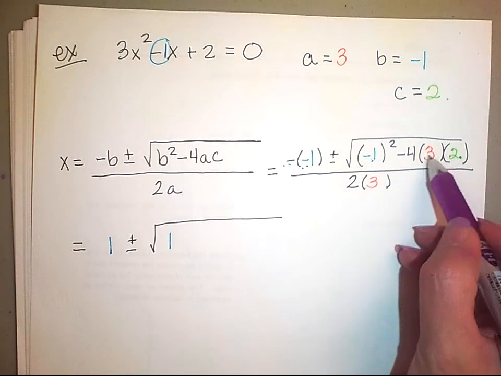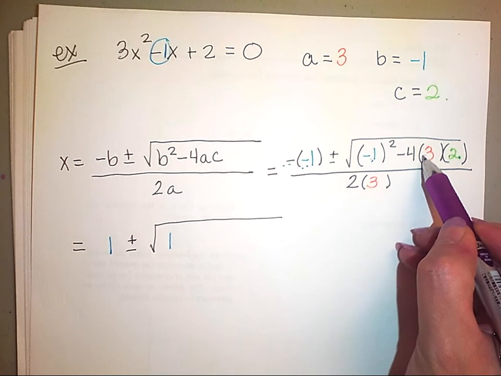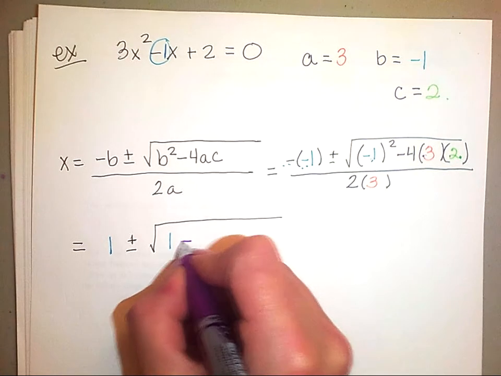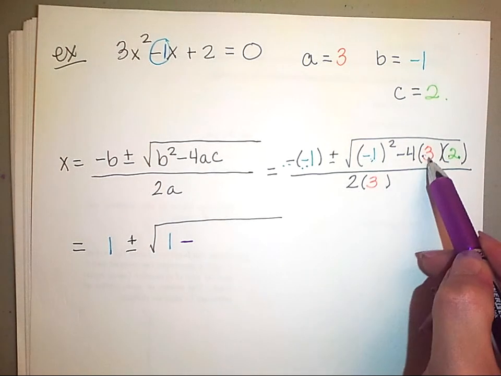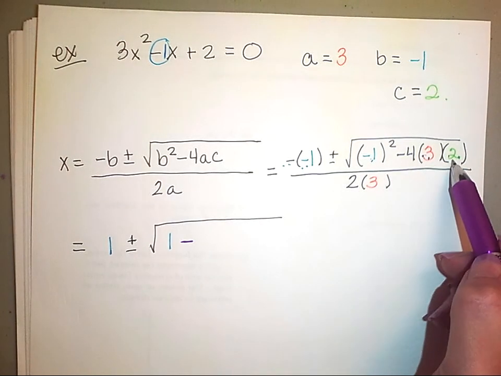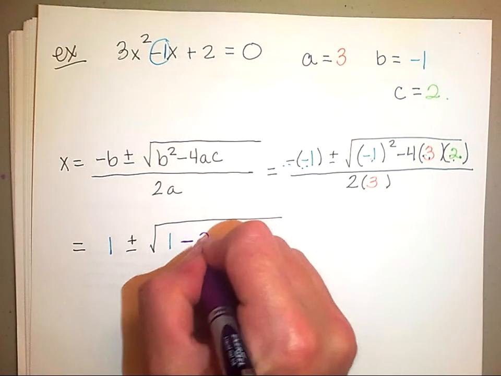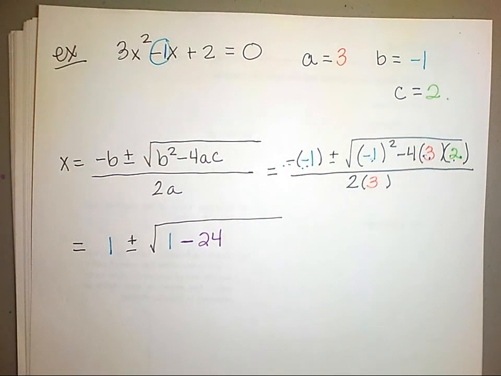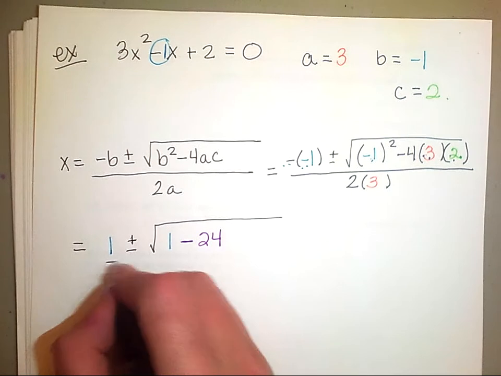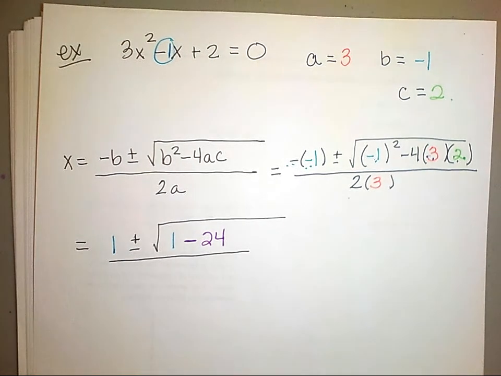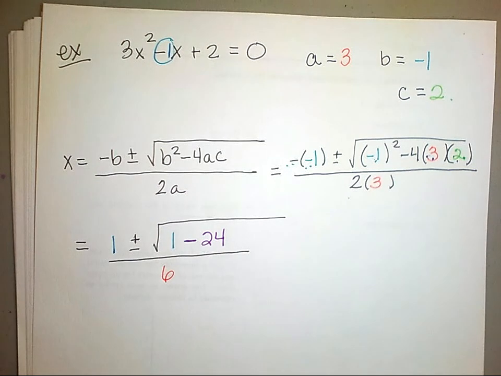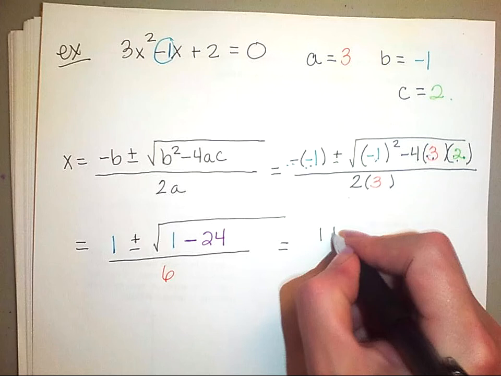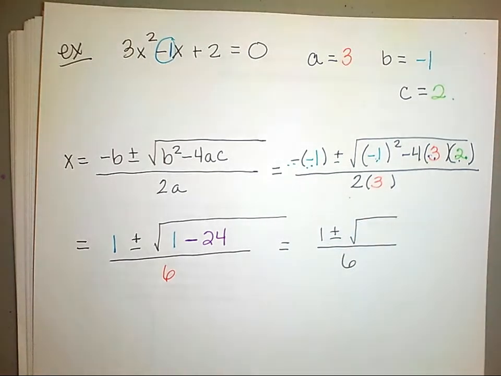Now with the signs, we have a positive and a positive, which is positive, times a negative, which is a negative. Then I can deal with the numbers. 4 times 3 is 12, times 2 is 24. And we will divide that by 2 times 3, which is 6.